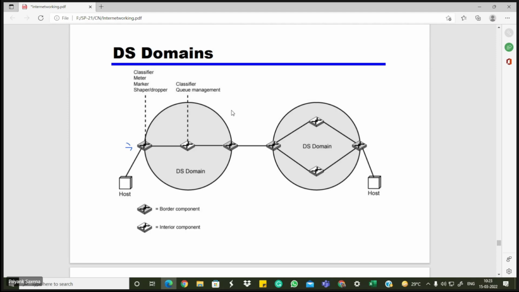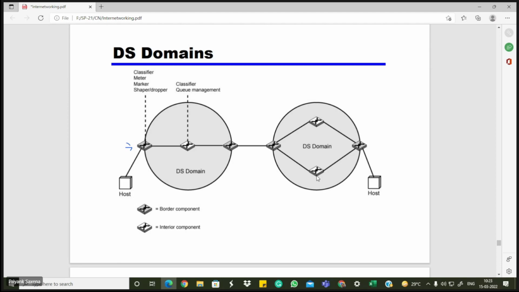So if a customer submits a packet for a destination within this DS domain, then the DS domain is expected to provide the agreed service. It may also happen that the destination is not in this DS domain at all.